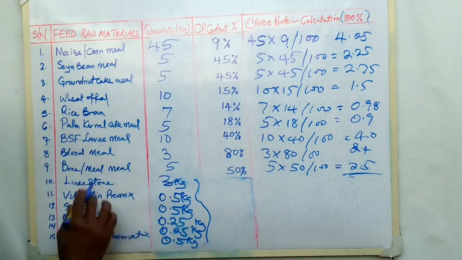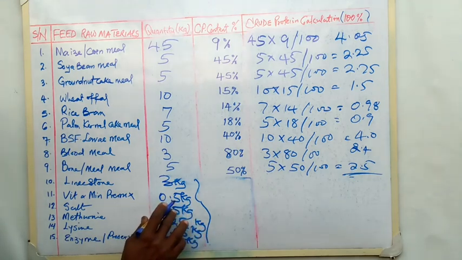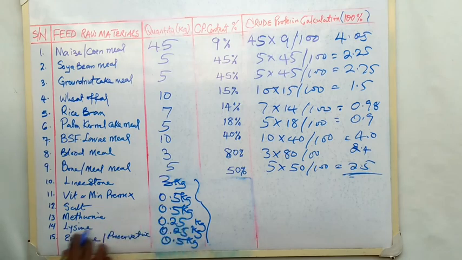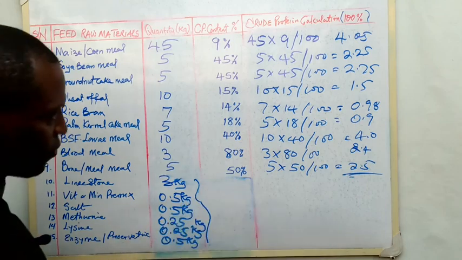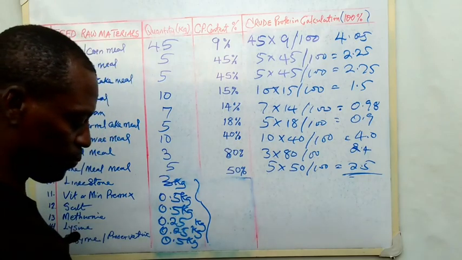Others remain constant. Limestone 3 kg, vitamin and mineral premix 0.5, salt 0.5, methionine 0.25, lysine 0.25, enzyme and preservative 0.5. Now let's add up all this and see what it's going to give us.